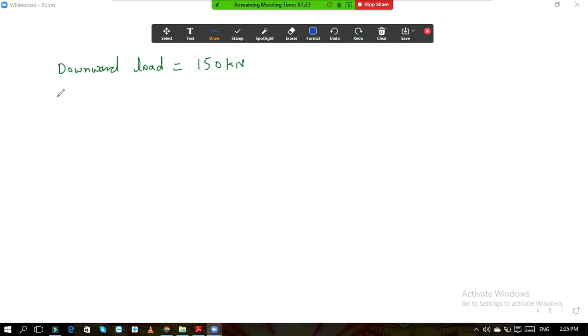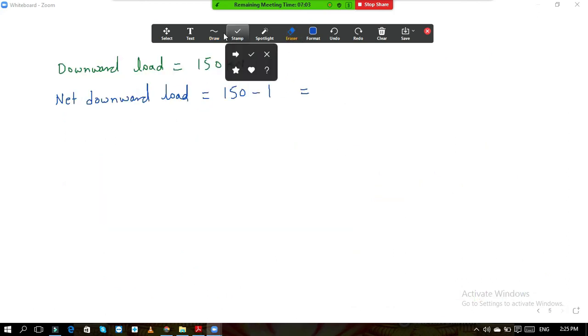Now the net downward load is equal to 150 minus 120. So it will be 30 kilonewton. As we have considered, this is our live load, the downward load. So now this is the net load.